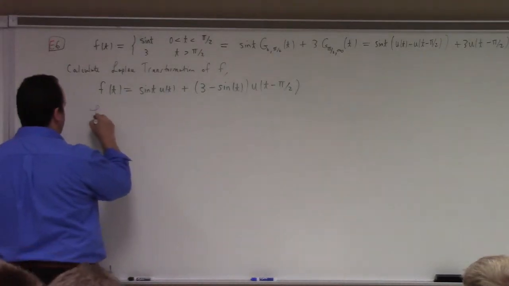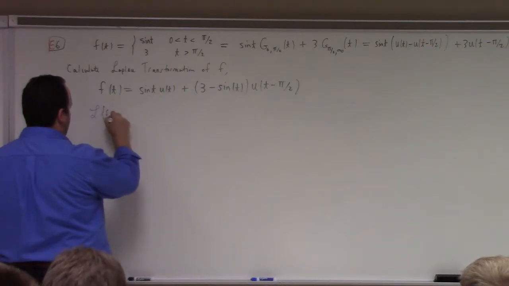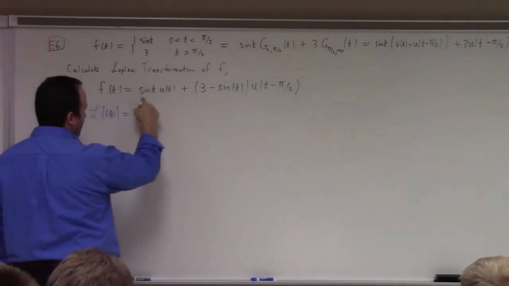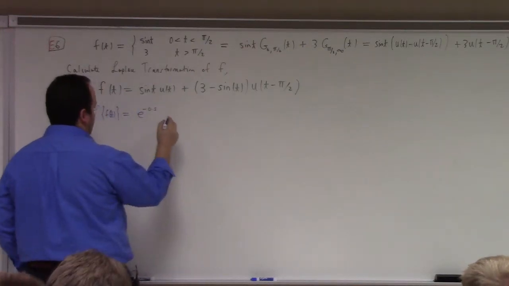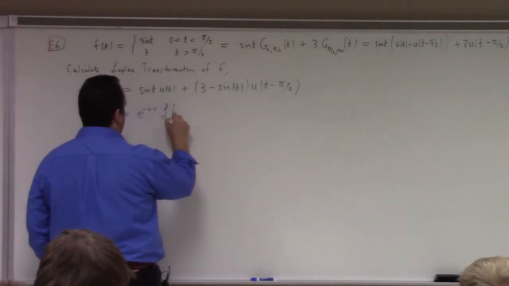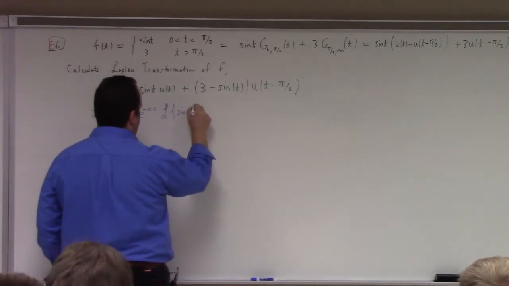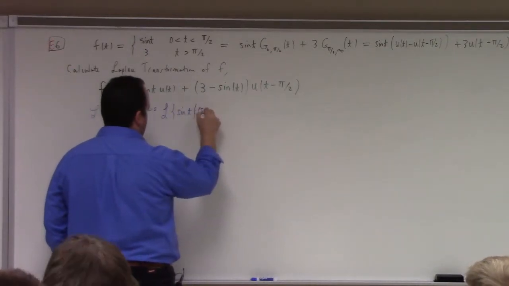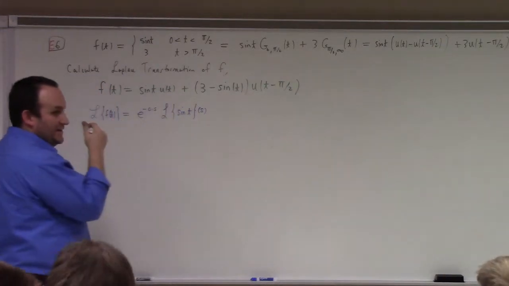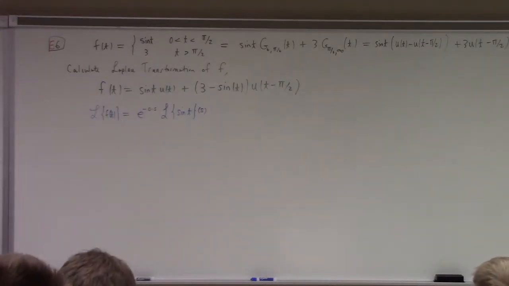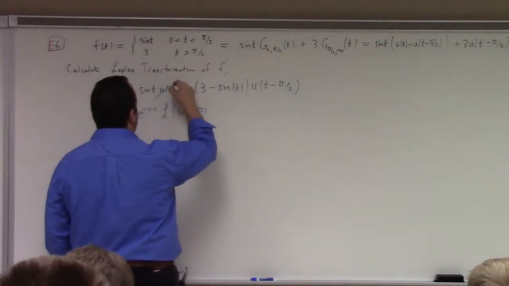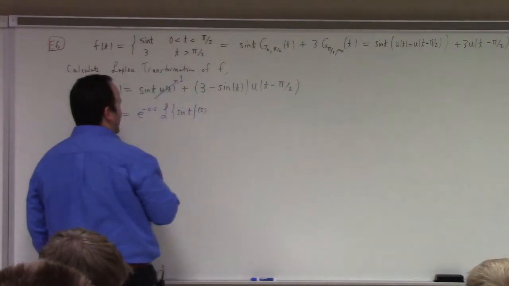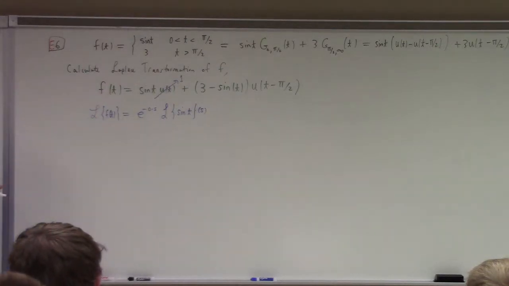So here we go. The Laplace transform of f of t is, for this one, e to the minus 0 times s, kind of silly, times the Laplace transform of sine t. When you've got a u of t in the formula, for our purposes you can just set that to 1, because we work with time from 0 to infinity.